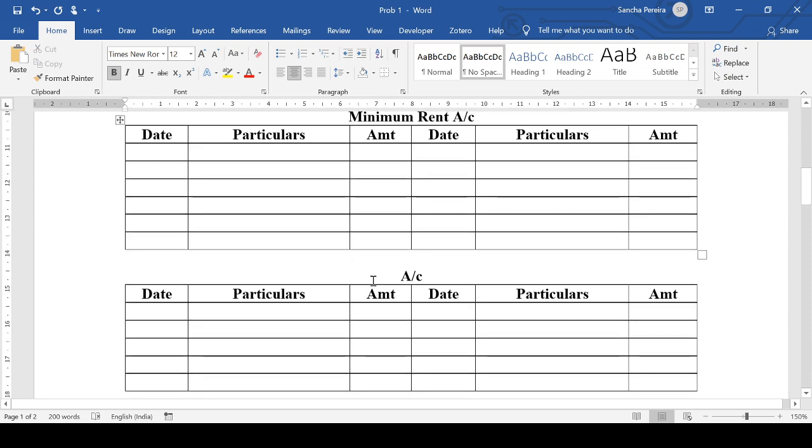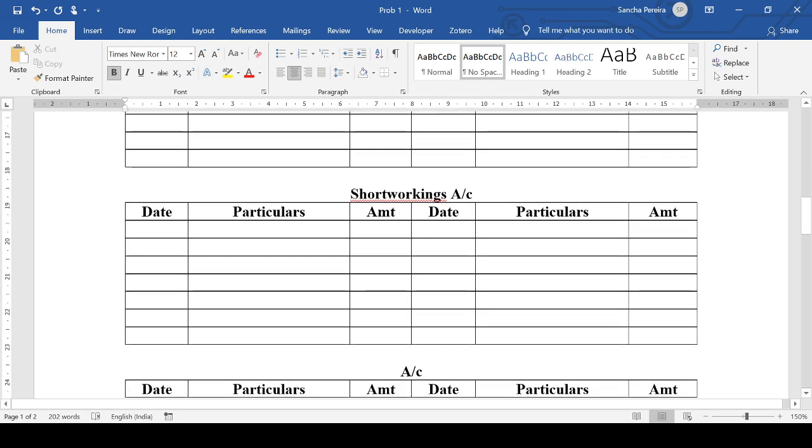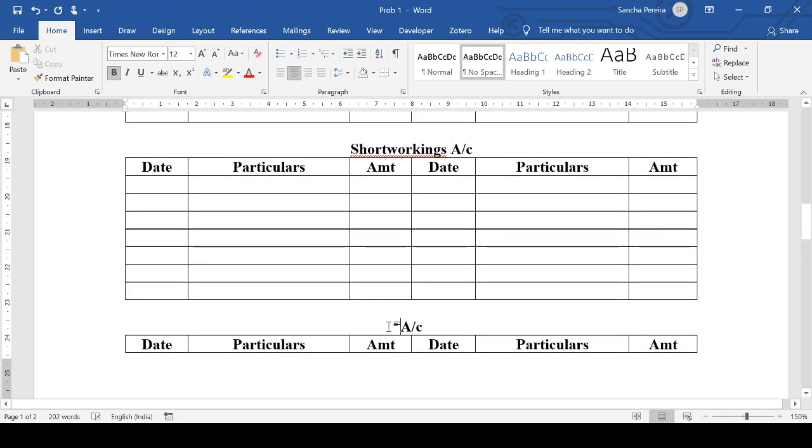Then we are going to have royalty account. Short workings account, and then finally the landlord account.